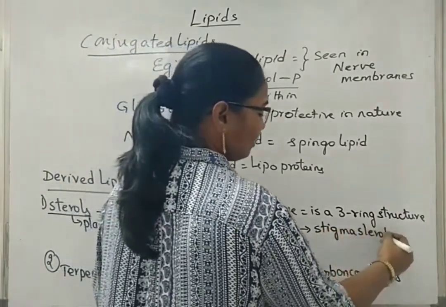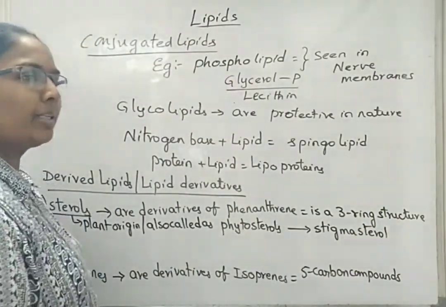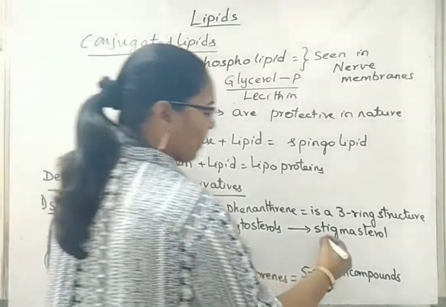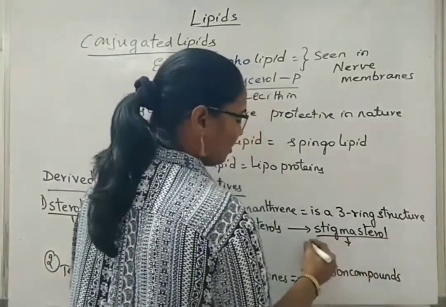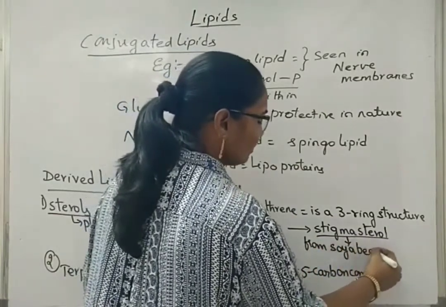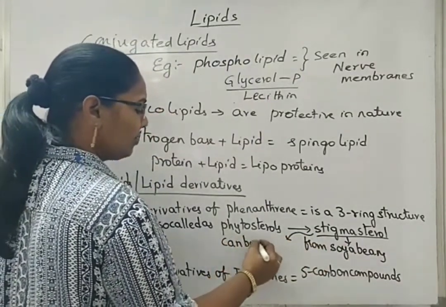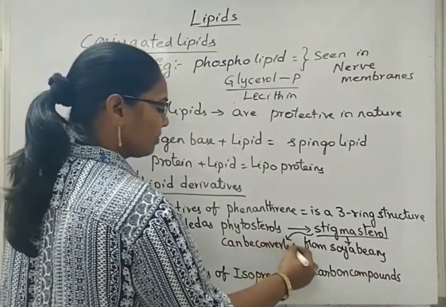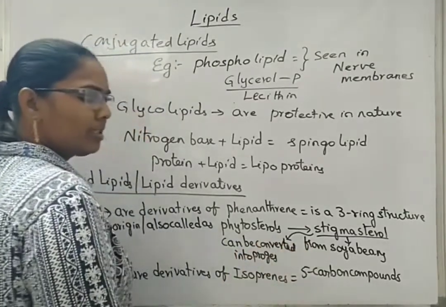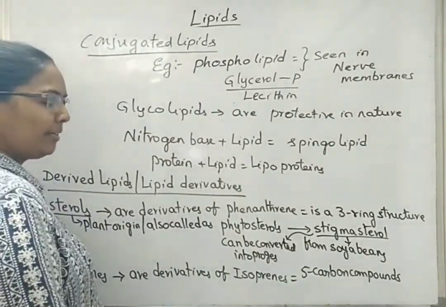Stigmasterol is obtained from soya beans, and it can be converted artificially, in vitro, into progesterone. There are many uses of progesterone in the reproductive systems of both male and female.